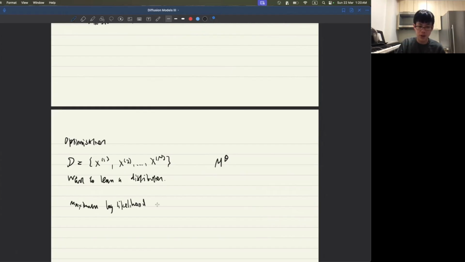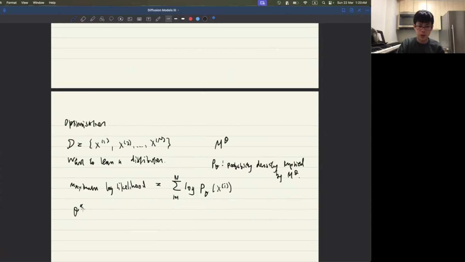Maximum log likelihood is essentially the sum of the log likelihood, so log of p theta of xi, where p theta is the probability density implied by the model. And hence, we want to find the optimal set of parameters for the model. Theta star is the argmax across all parameters of the log likelihood.